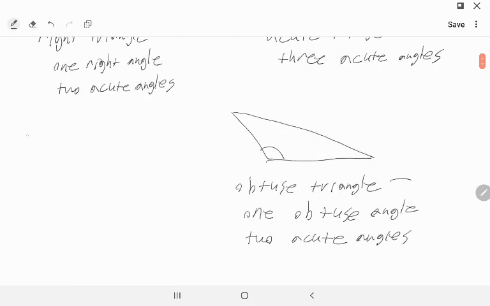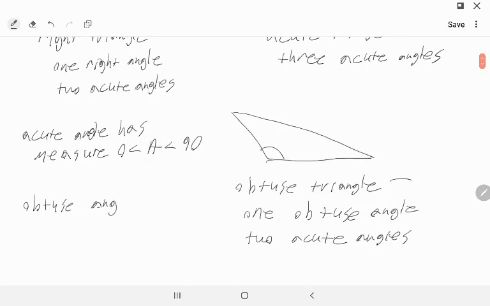And recall, an acute angle has measure greater than 0, less than 90, and an obtuse angle has measure greater than 90, less than 180.